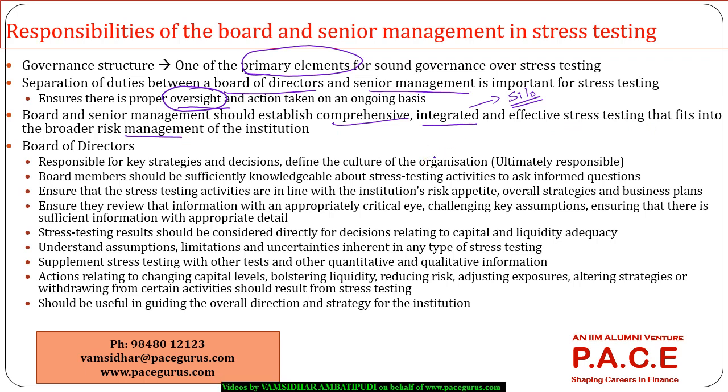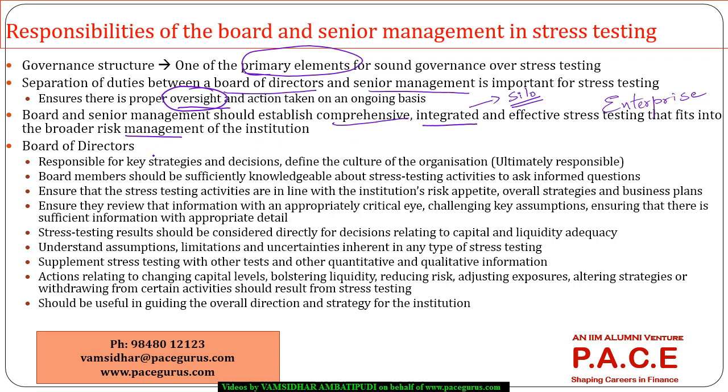So look at it at an enterprise level, look at it as an integrated level, come out with a comprehensive stress testing activity which can be used for the organization as a whole, not for individual silo departments.